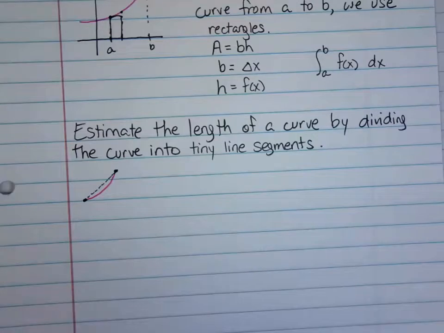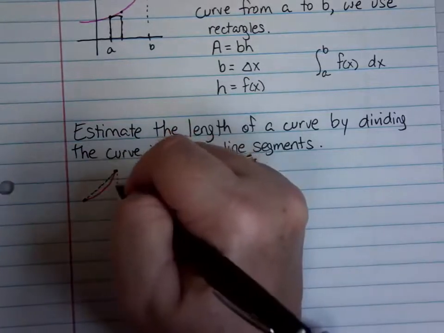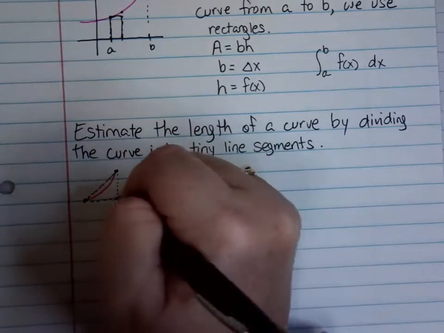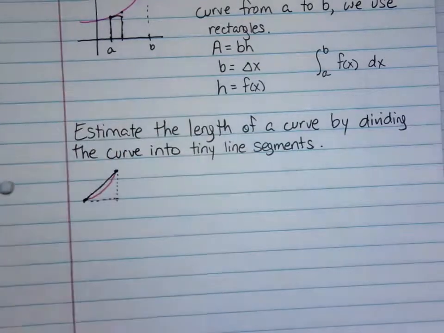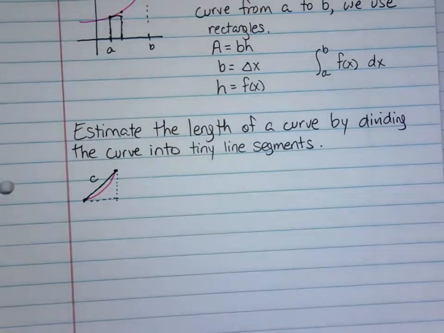What's the formula that we use? The distance formula, exactly. So we're going to use a variation on the distance formula, actually where the distance formula came from. We're going to construct a right triangle right here to find the length of that. Okay, I'm going to call this little piece of line C. I'm just going to call it C because it's like a hypotenuse.